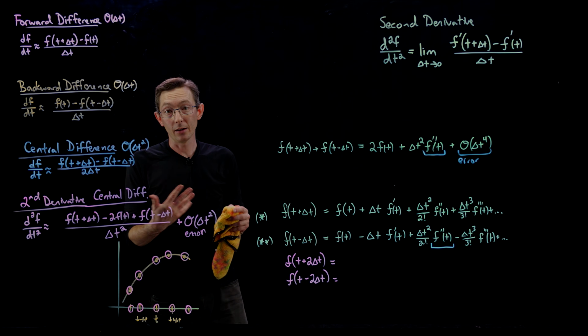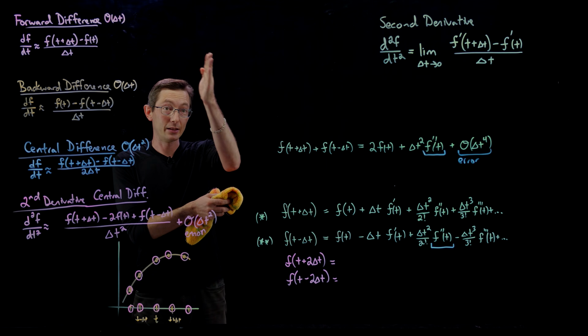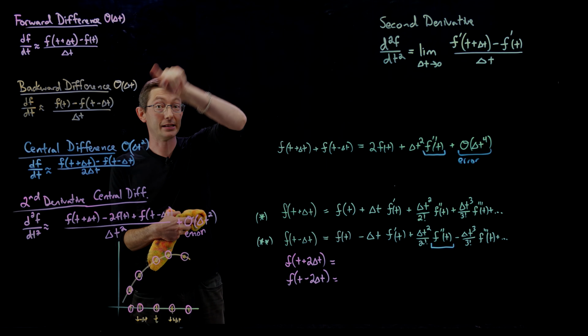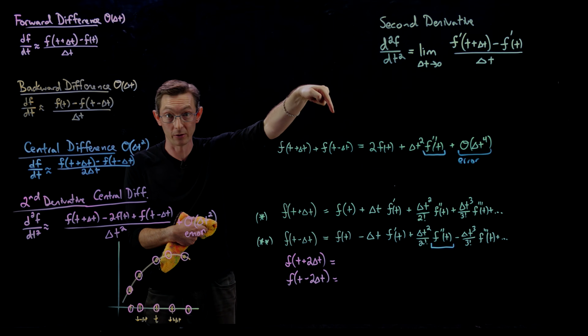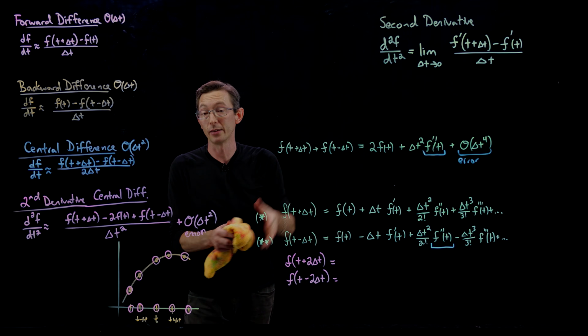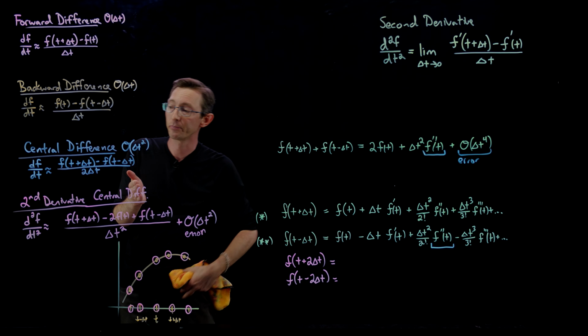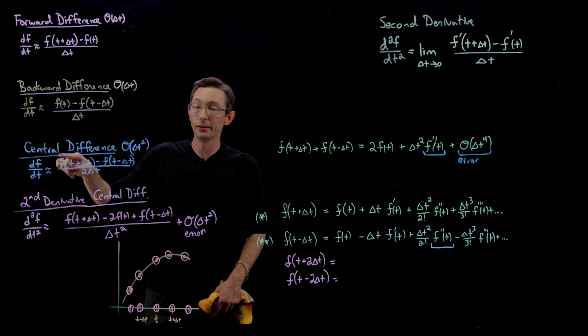At least one reason is that if I'm measuring something with a telescope, maybe there's a ballistic missile coming from one part of the world to another, and I want to compute its derivative, its velocity and acceleration. I don't know what f of t plus delta t is. This is a measurement in the future.